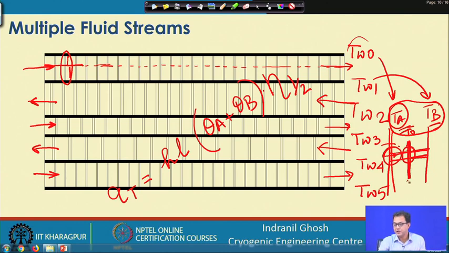So, that means some kind of adiabatic condition has been set at the middle of it. So, half of the fin is as if attached to this plate and half of the fin is attached as if to this plate.